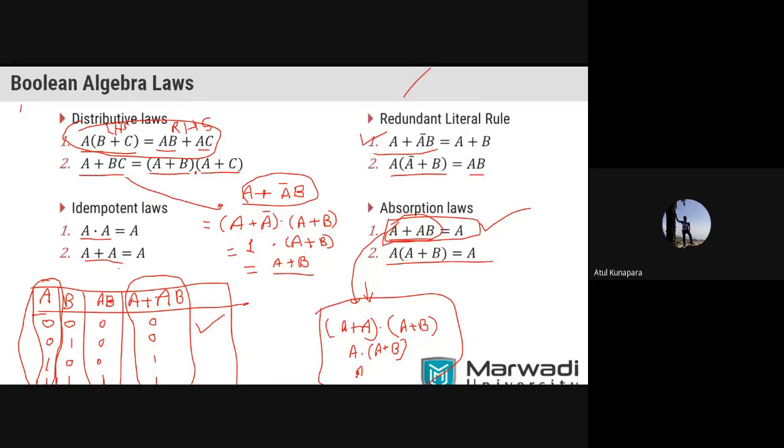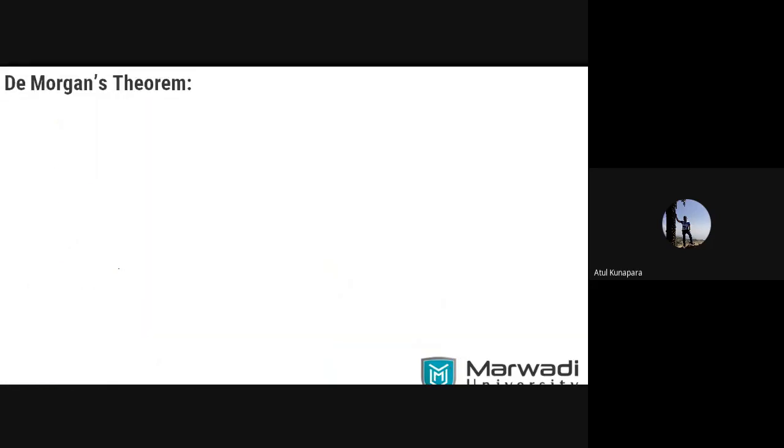Now let's move next. That is the De Morgan theorem. This rule or theorem we have already discussed in our lab session. So what is this rule? Basically these rules are of two categories. First rule is here, that is A plus B bar. That is, you can say a NOR operation of A and B can be equal to AND operation of A bar and B bar, right?